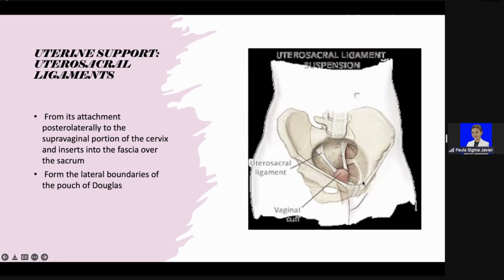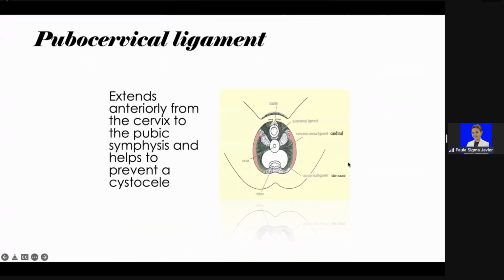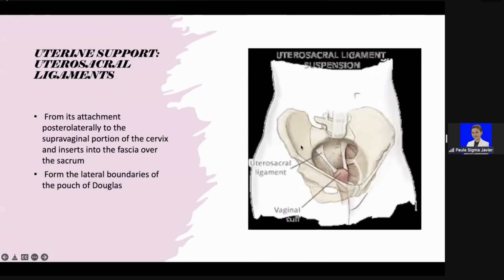They form the lateral boundaries of the pouch of Douglas. So you will see here on both sides, we have a uterosacral ligament. Here you will find your pouch of Douglas or rectouterine pouch or cul-de-sac.